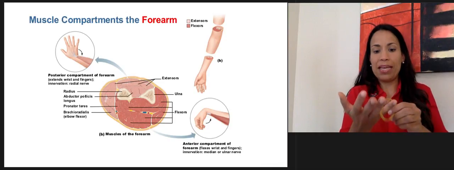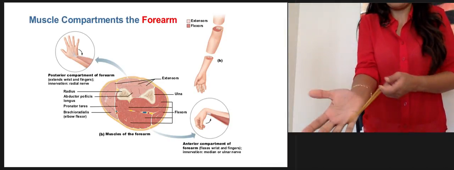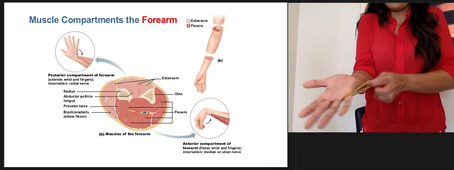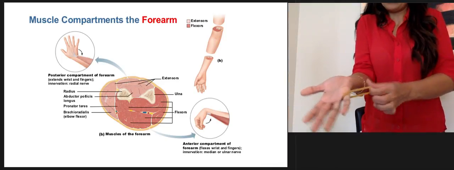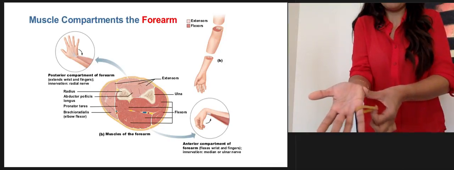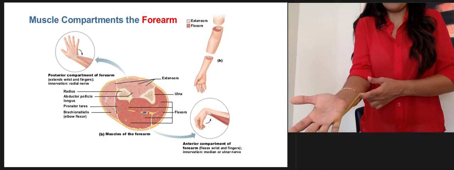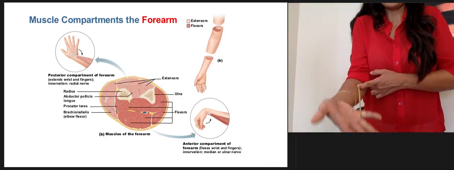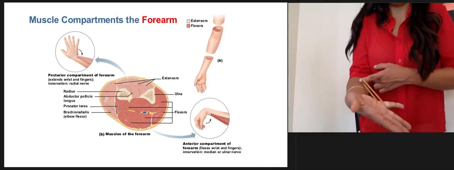If I place, and I'm going to put it on my fifth finger just because it's easy, if a muscle crosses the wrist joint medially, let's say from the ulna to one of the medial carpal bones or the metacarpals, when I contract this muscle, I can produce adduction, with two D's, or ulnar deviation.